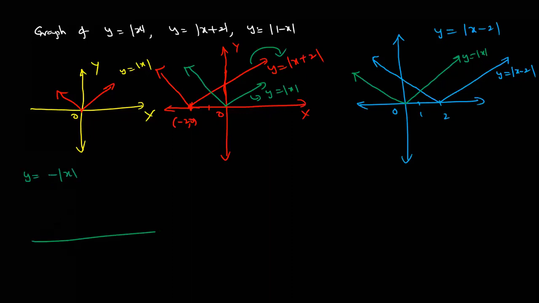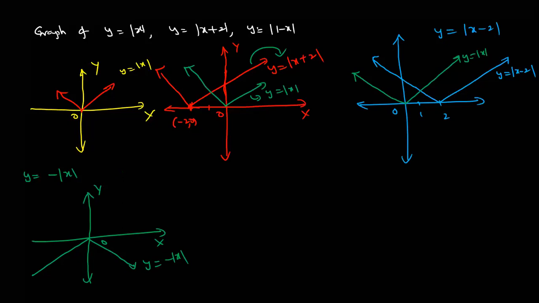Anybody knows the graph? See carefully. This is the graph. What is this? Y is equal to minus mod x. Because x can be any number, but the output is always negative. Always negative means completely below the x axis. That is the meaning.